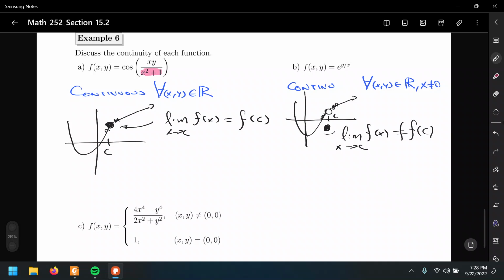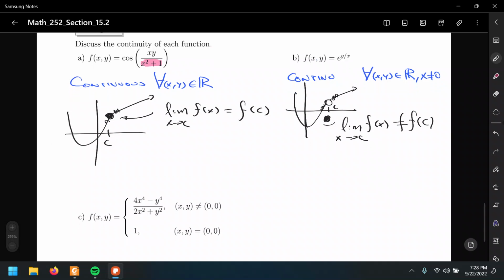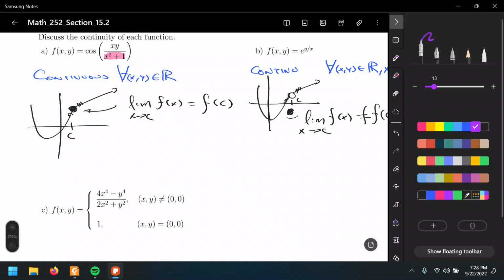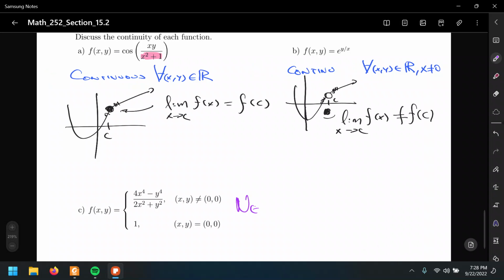So we're going to do something similar with the piecewise defined function that we have for letter C. So in order to determine whether this function is continuous, we need to make sure that the limit as x approaches 0, y approaches 0, of f of x, y equals f of 0, 0, evaluated at 0.